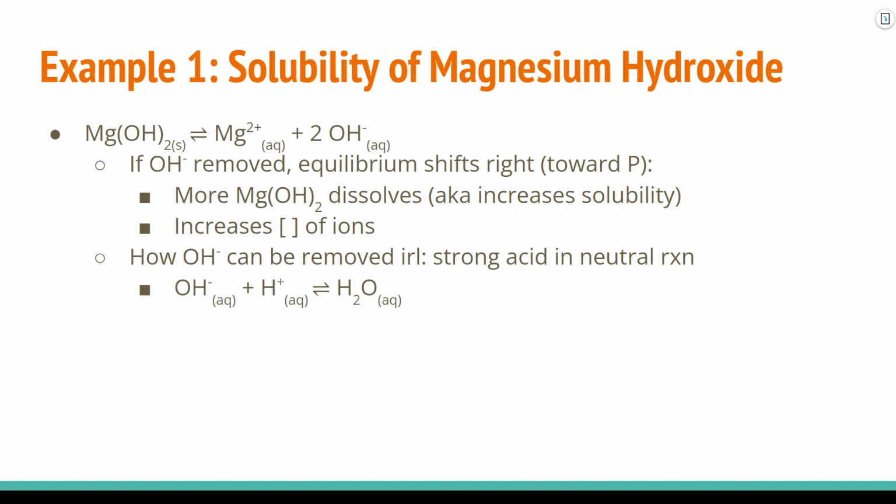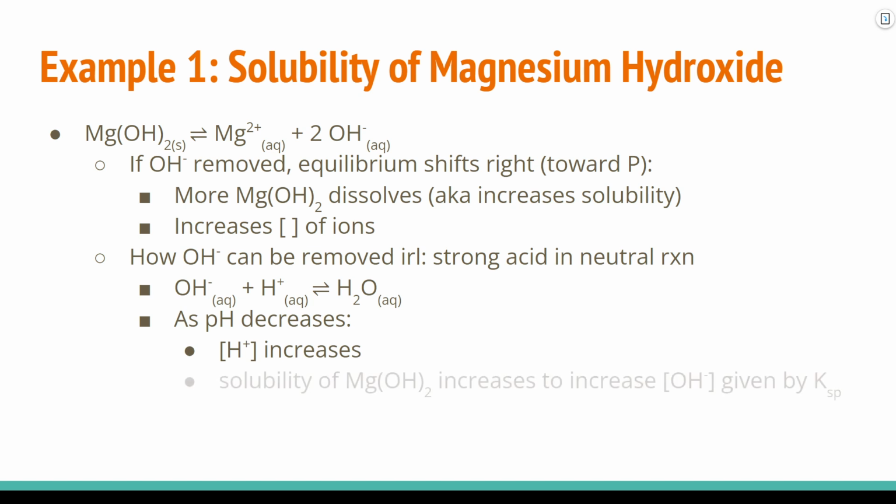Technically, that is a system in itself in equilibrium. As I add more H+, the concentration of the H+ increases, and so the solubility of this salt is increasing because you need to increase the hydroxide concentration based off the Ksp value.